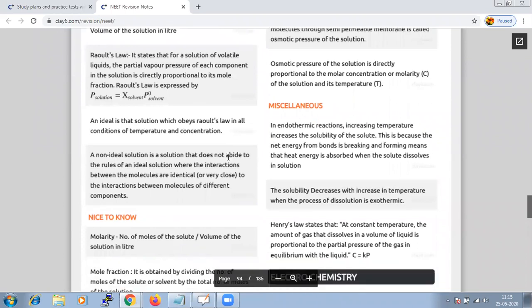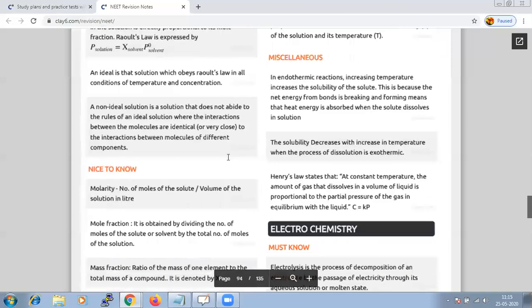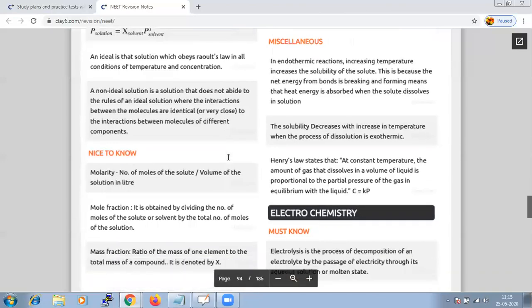And a non-ideal solution is a solution that does not abide by the rules of an ideal solution, where the interaction between the molecules of the same component is not identical to the interaction between the molecules of different components.